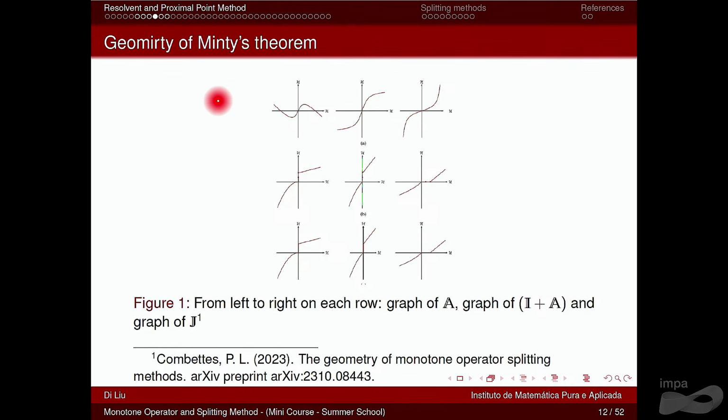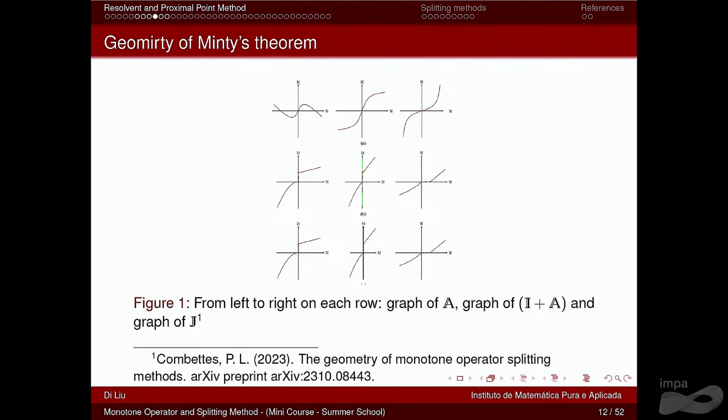So first, this is a non-monotone operator, and this is A plus the identity. We can see that the range of this operator is just the domain of the inverse. This one is monotone, but not maximal monotone, and this one, A is maximal monotone, and this is non-expansive.